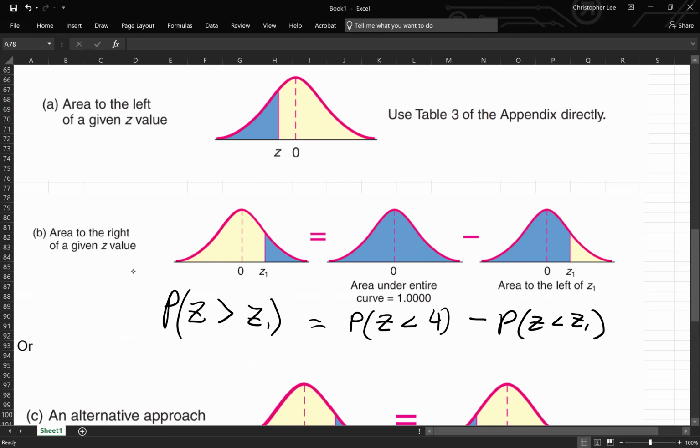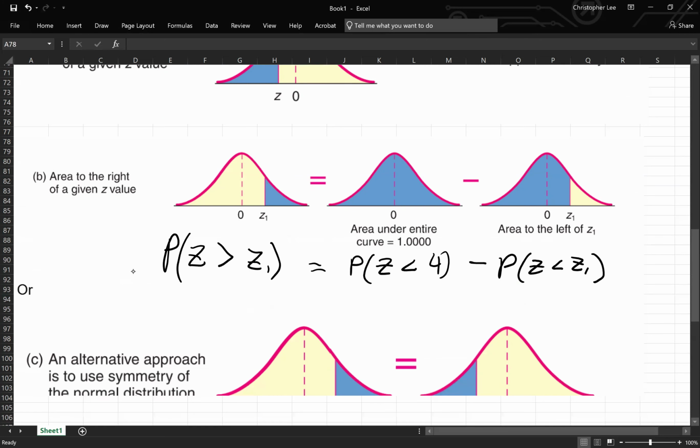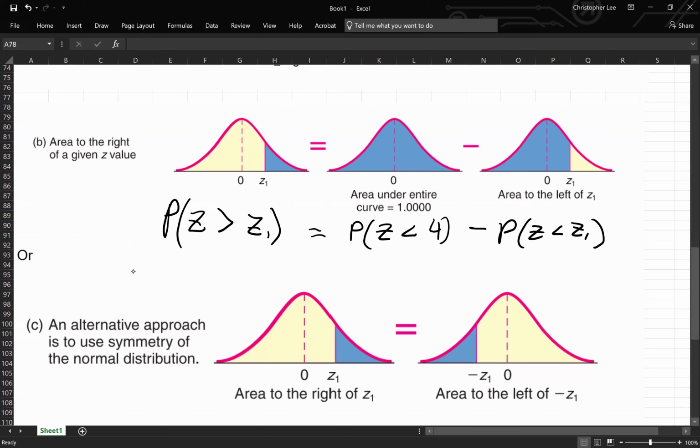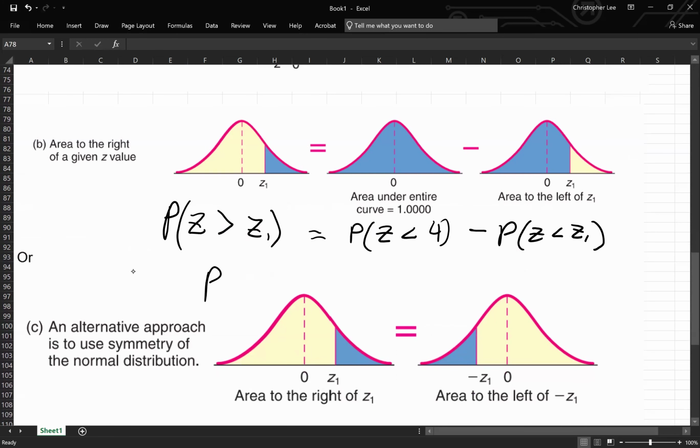It's the same complement rule, the exact same thing. Probability of A complement is equal to 1 minus the probability of A. Nothing different. So how do we know that? It's gonna be a homework question.